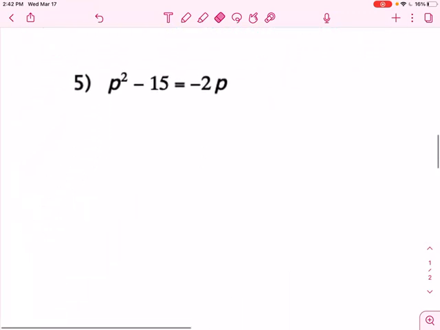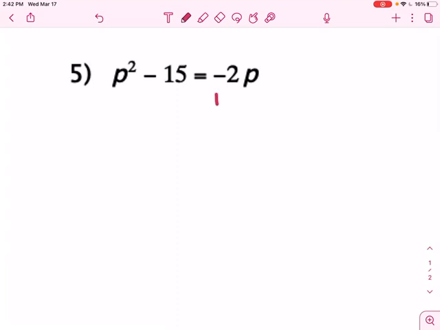All right. Number 5 is not quite in standard form at first. So if we think about moving that 2p to the other side so that we have our equals 0. So again, before you decide what method you want to use, always make sure you set things up into standard form to really see what you're working with.